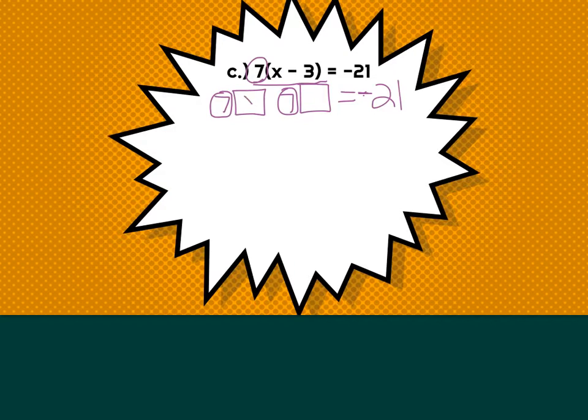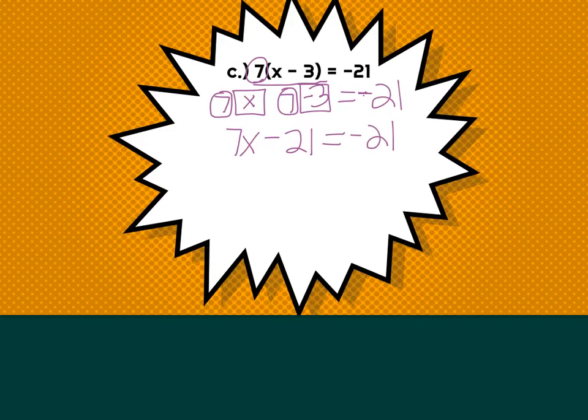Then we have an x that we bring down and a negative 3. 7 times x is 7x, a positive times a negative is a negative, and 7 times 3 is 21. Then we have equals negative 21.